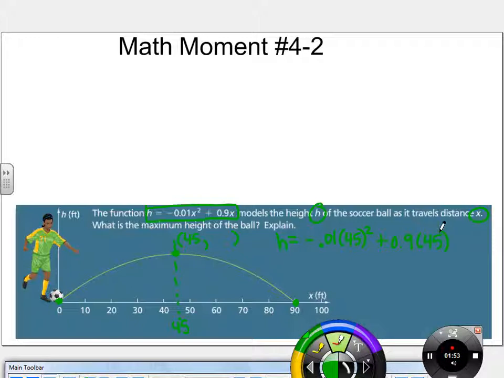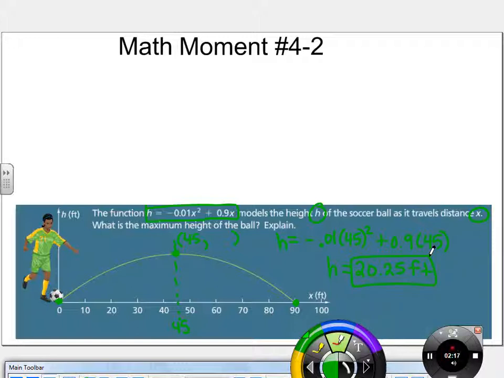So we're going to plug 45 in for x, and then use that to help us calculate h. So in our calculator, we can do this calculation, and it gives us that the height is 20.25. And if I look on the axis, I can see that that is height measured in feet. So that is the maximum height that the ball is going to reach.